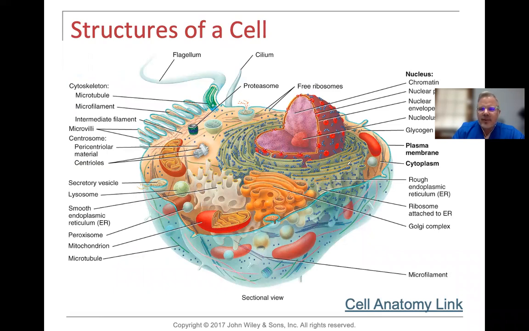This is the rough endoplasmic reticulum. This is continuous with the nucleus, or that nuclear envelope, really, to be more specific. There's a rough endoplasmic reticulum, and then there's one that looks smooth because there's no fixed ribosomes attached to it. And the function of the rough ER and the smooth ER are very, very different.